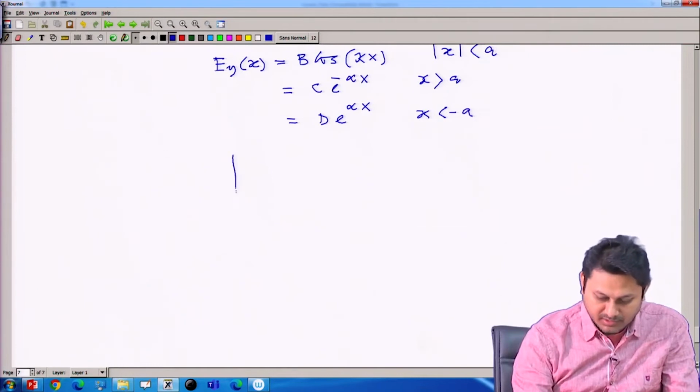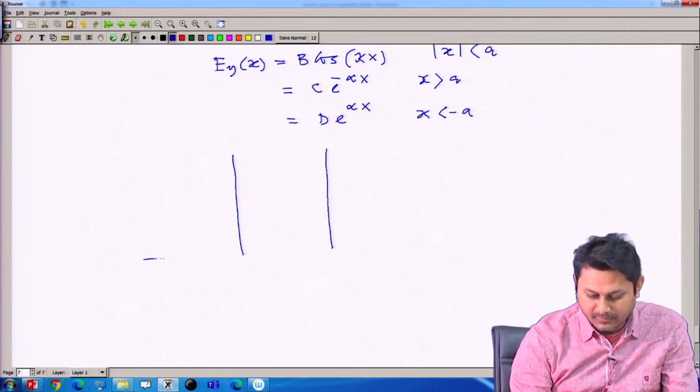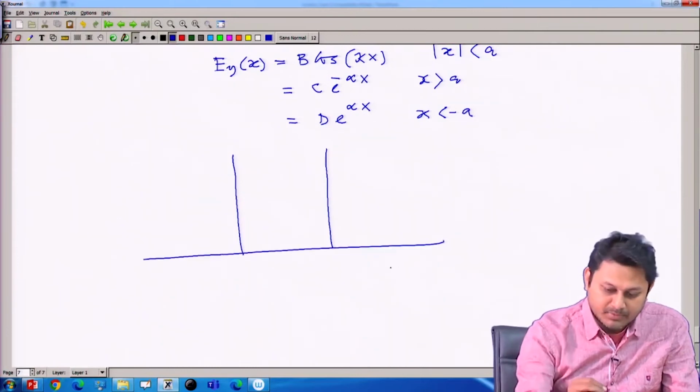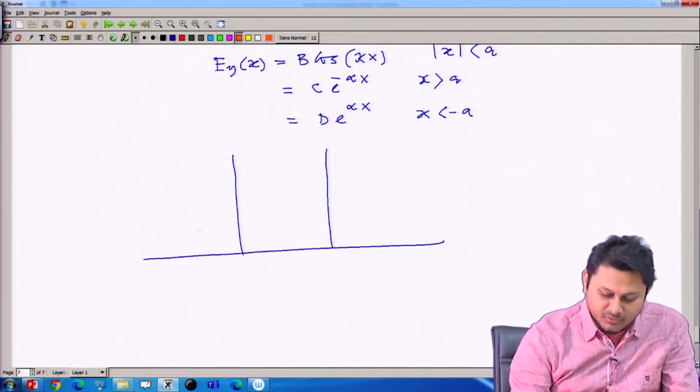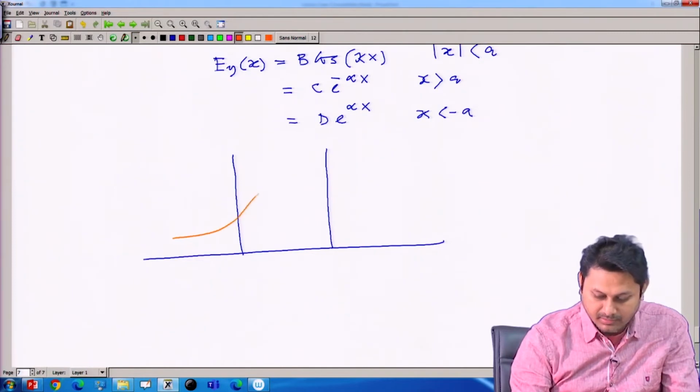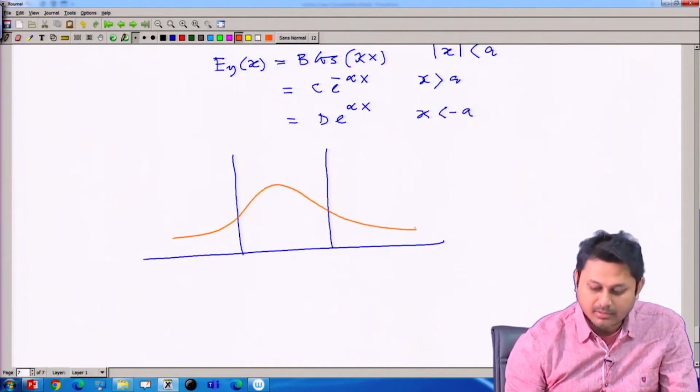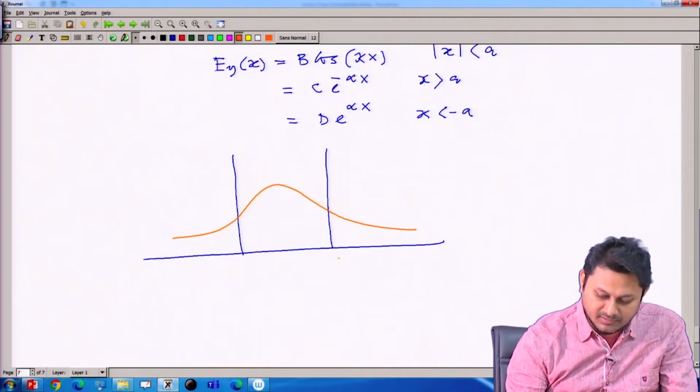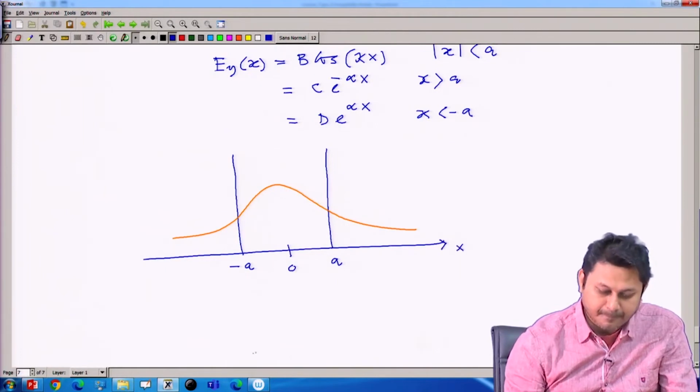So, once again let me draw the structure and the field, and I had the mode distribution like this, something like that. This point is A, this is minus A, this is 0 and this axis is my x axis.